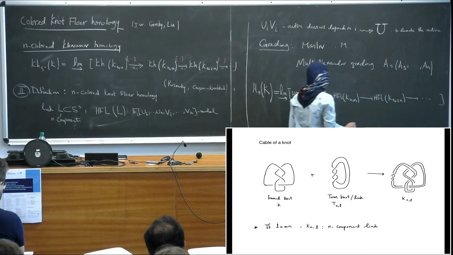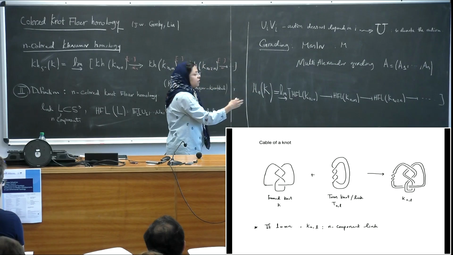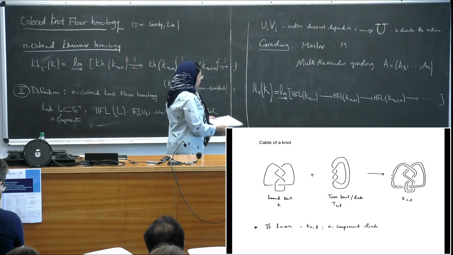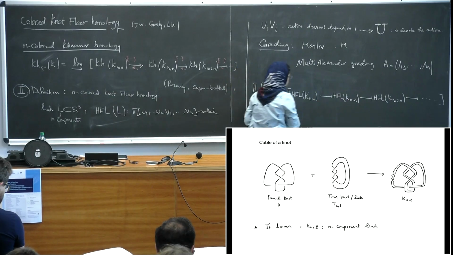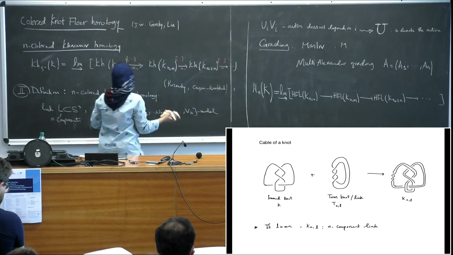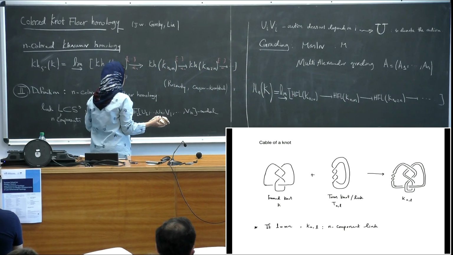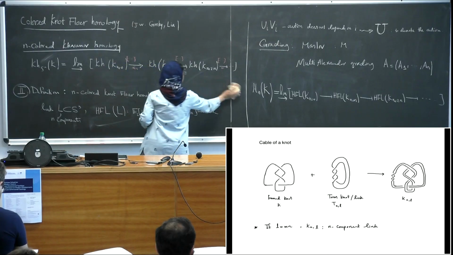This time I'm going to tell you what these maps are, and the shift, and so on. Okay, so what are these connecting homomorphisms? They are going to be cobordism maps.